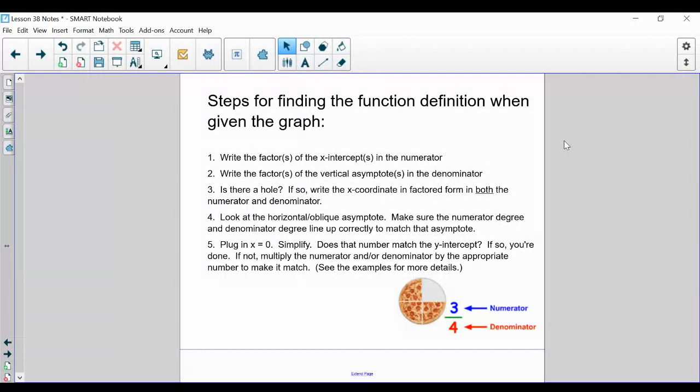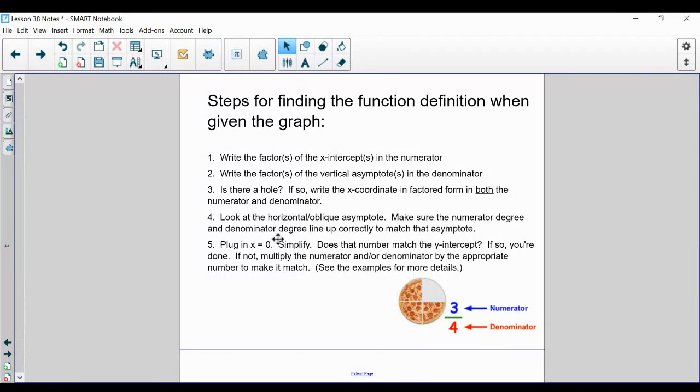Most of the stuff that you're going to do is going to come from the x-intercepts and vertical asymptotes.